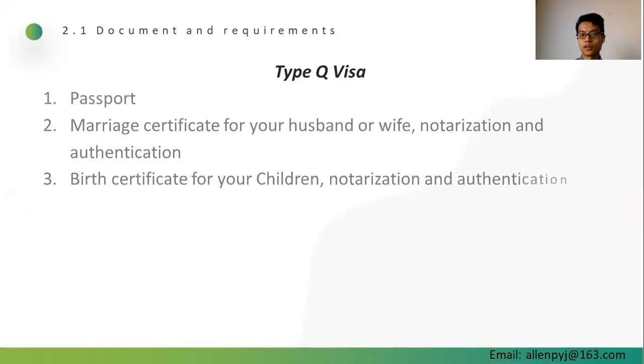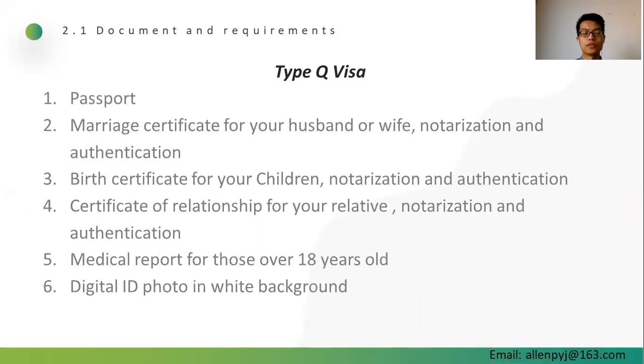Secondly, let's take a look at the documents and requirements for these types of family visas. The first one is the Type Q visa. This is the checklist required for the Type Q visa. The information page, a passport, and if your husband or wife comes, then the marriage certificate has to be provided.